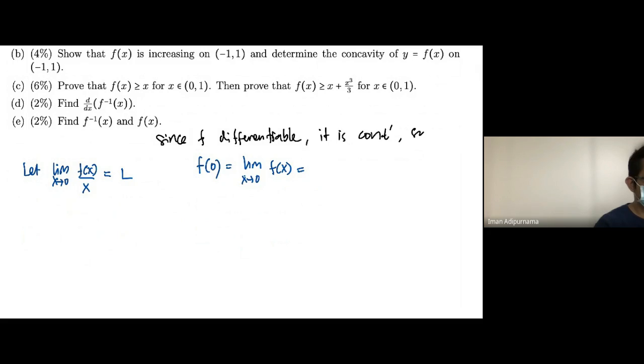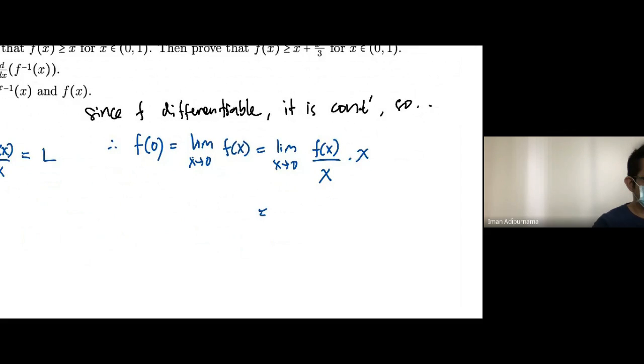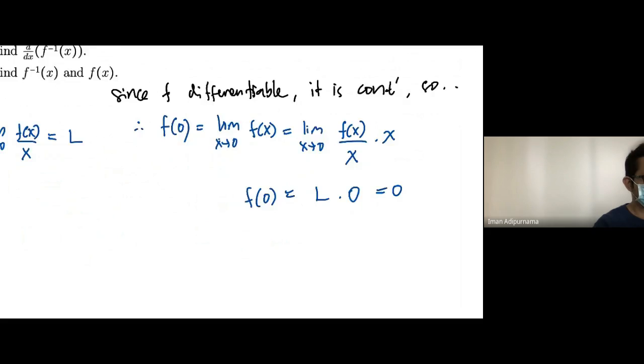So this is the limit of f of x, and if we take this limit, it's the same as L multiplied by 0, right? So it will be 0. So f of 0 is 0. That is the first one.